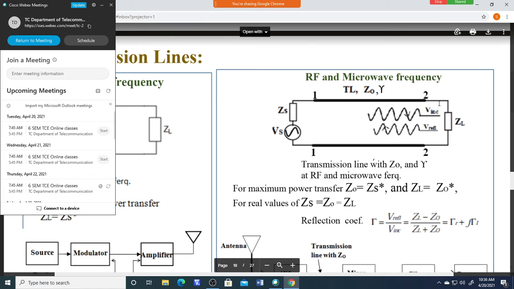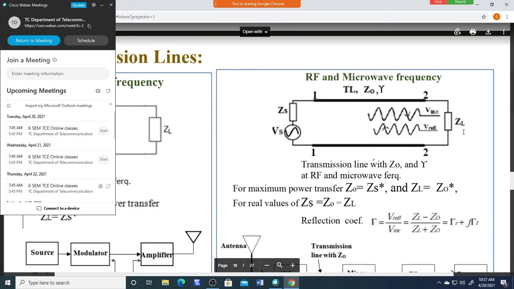If you measure here, it is ZL. But if you measure the impedance somewhere here, at some distance from the load, you travel some distance and measure impedance here, it is not equal to ZL. It will change because of the transmission line, because a transmission line has components R, L, C, G. Because of those, the impedance measured here is not the same as this ZL.